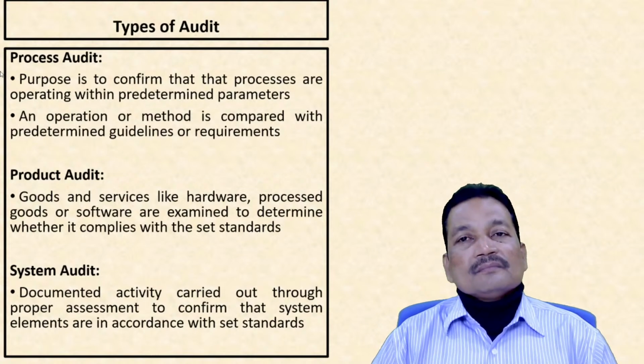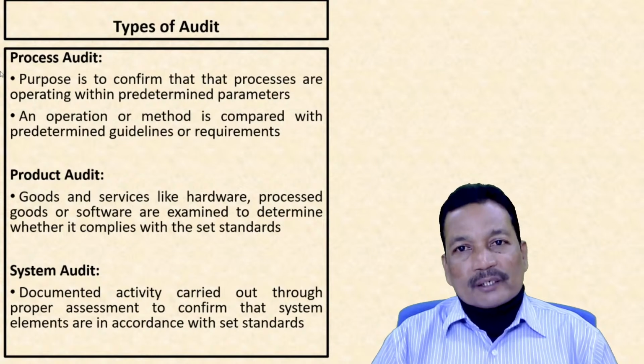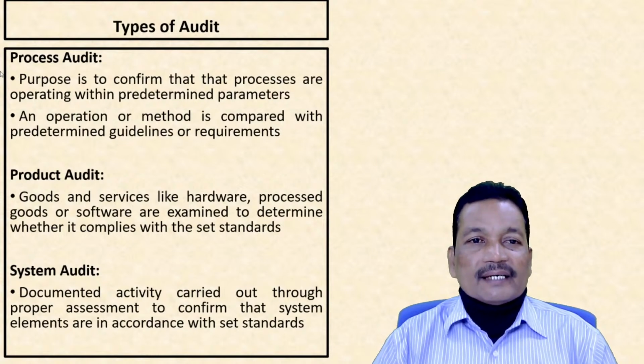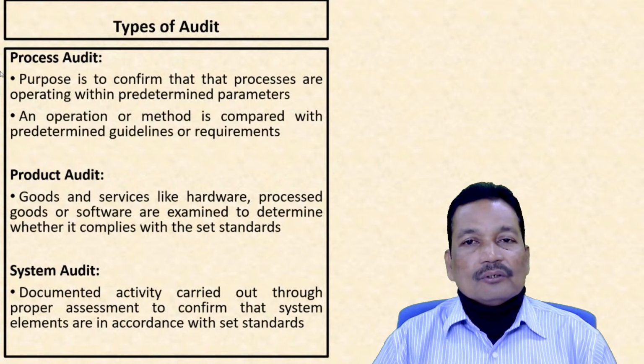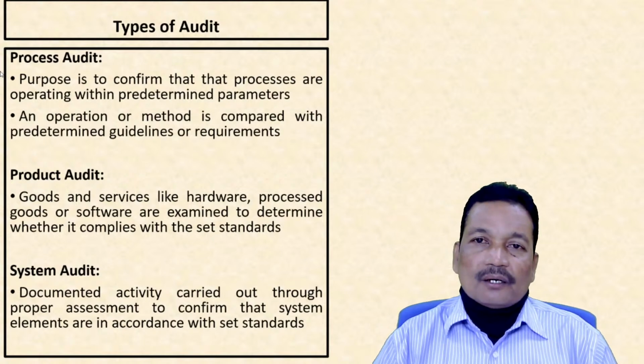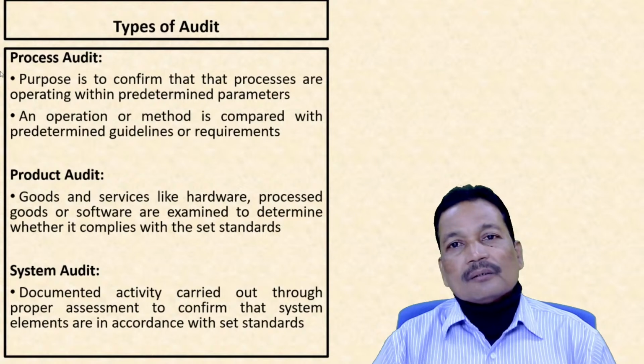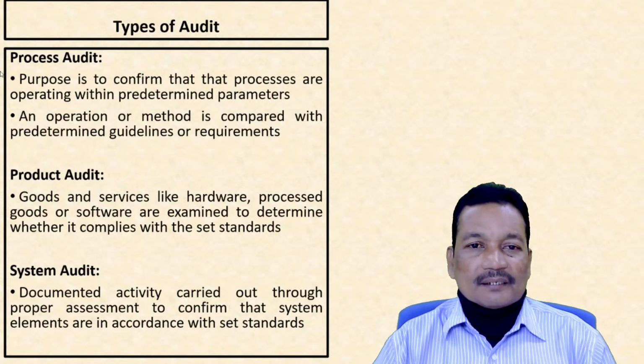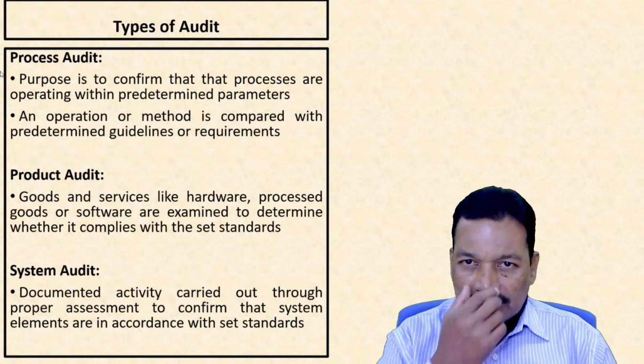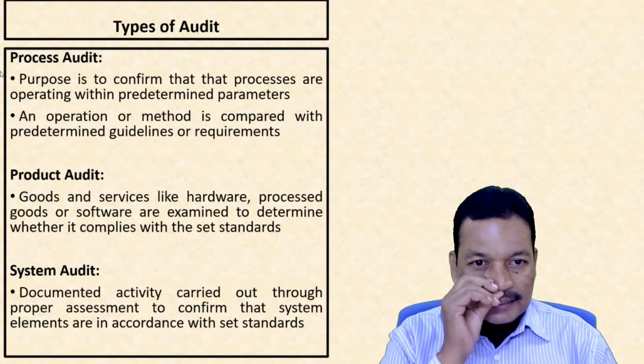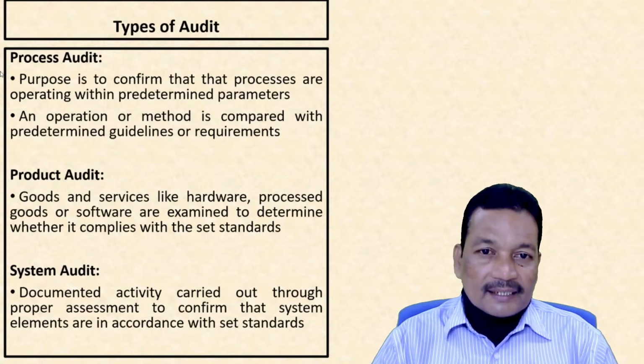When we talk about the term audit, we know that we try to compare the actual operation or the method or the activity with certain kind of set standards or guidelines.